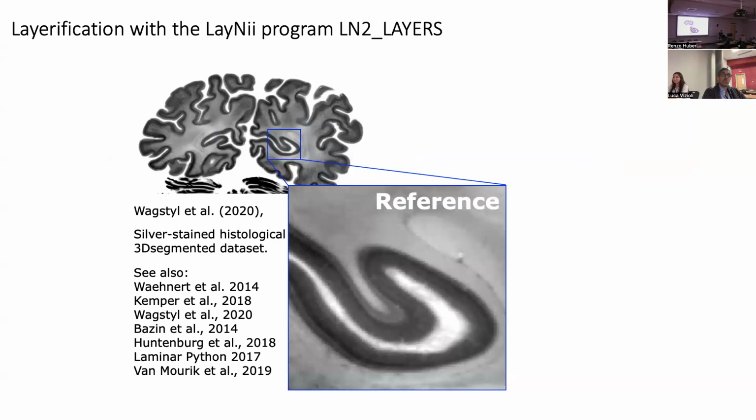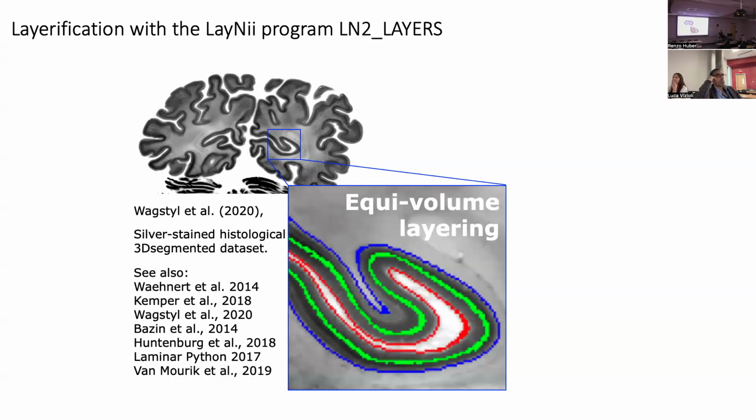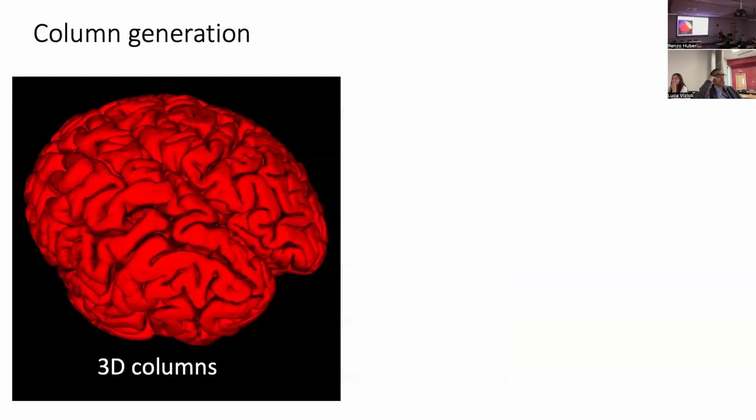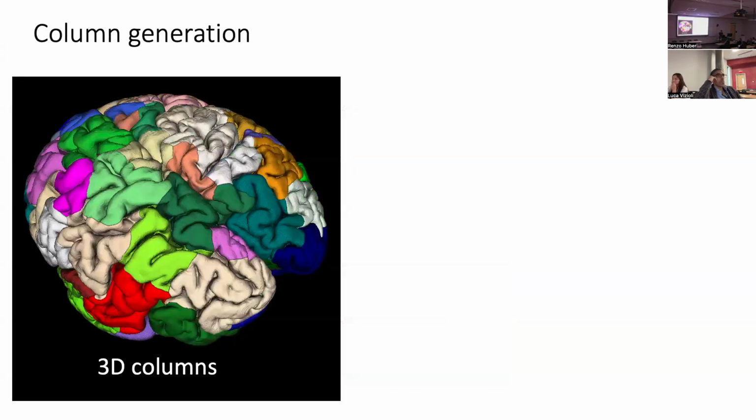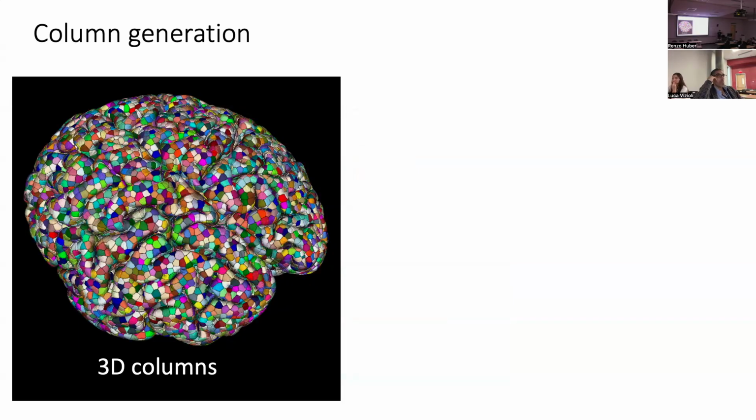Then the things that LayNii is kind of known for or used for are things like the layerification, converting segmentation files into layer files, specifically with respect to the equal-volume principle that John introduced. Some people use it also for columnarization, basically chunking up the brain based on layers that are pre-computed into sub-columns and smaller patches.